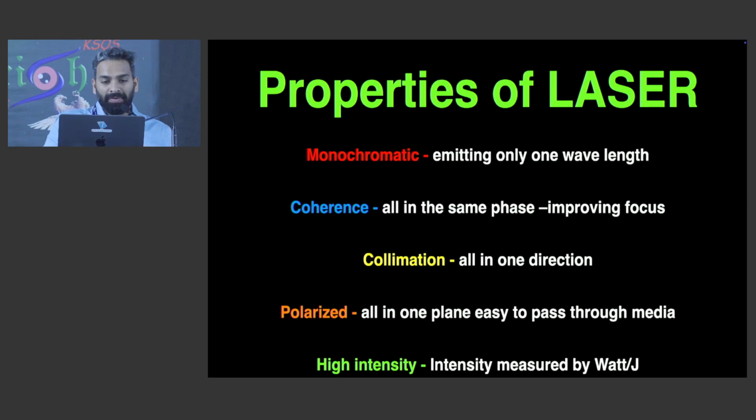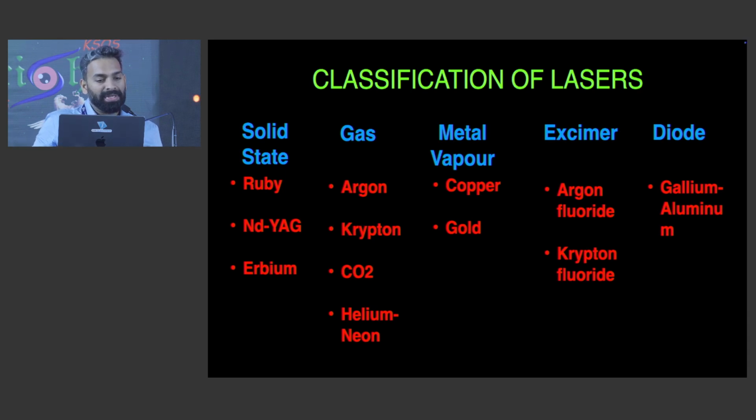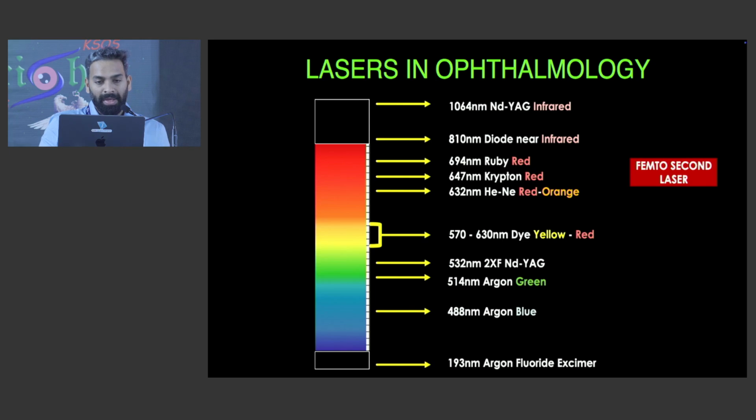So what are the properties of laser? It is monochromatic, coherent, collimated, polarized, and of high intensity. What is the classification of lasers that we have? We have solid state lasers, gas lasers, metal vapors, excimer, and diode lasers.